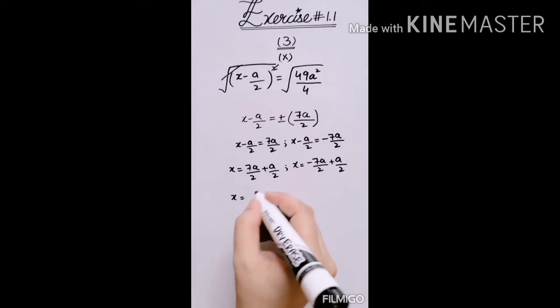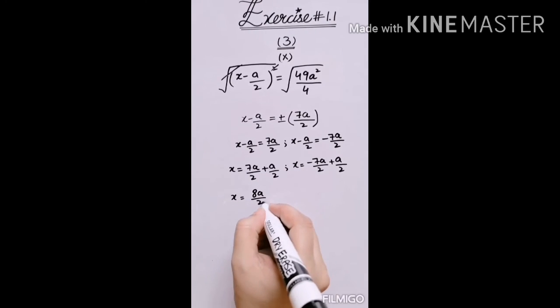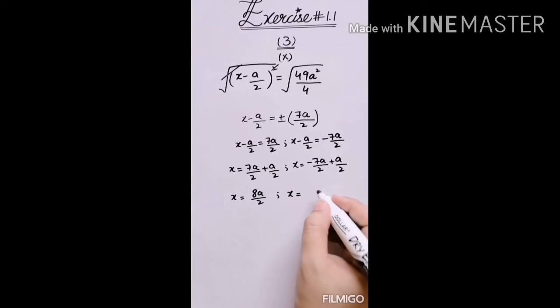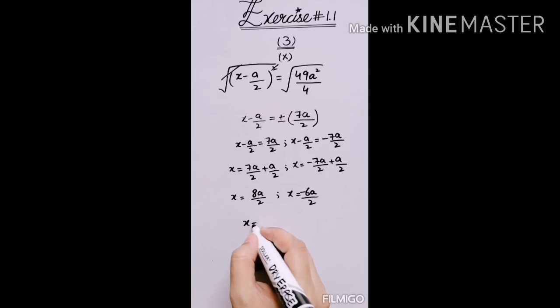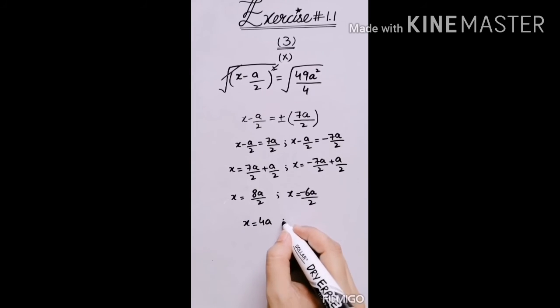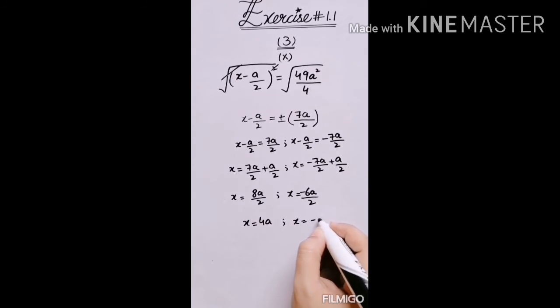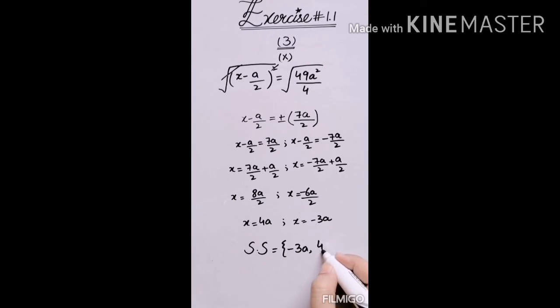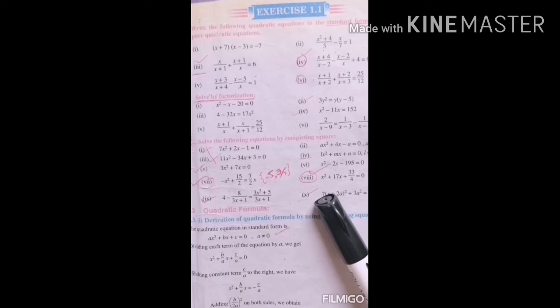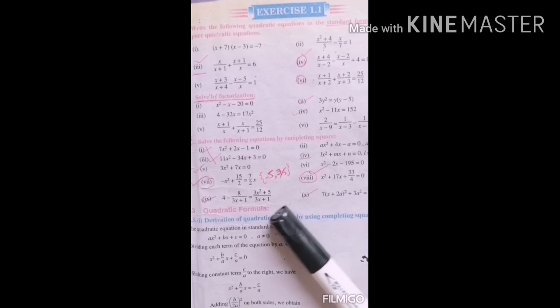Directly we will solve: 7a plus a, 8a by 2; minus 7a plus a, minus 6a by 2. After cutting we are having x is equals to 4a, x is equals to minus 3a. So we are having this solution set: minus 3a and 4a.